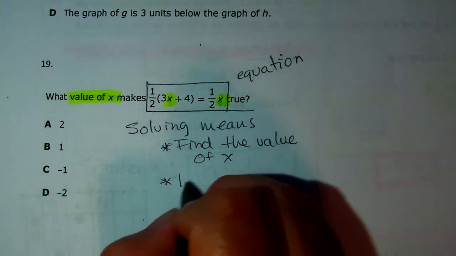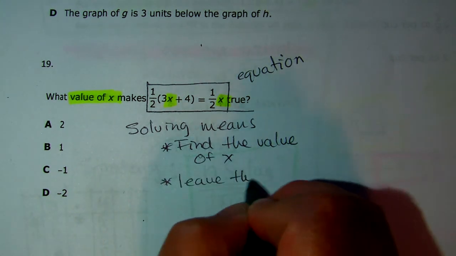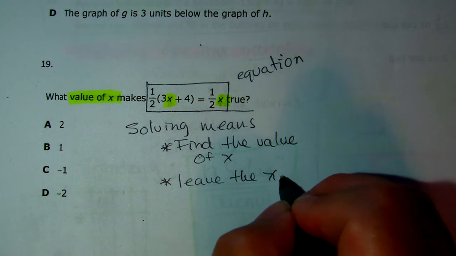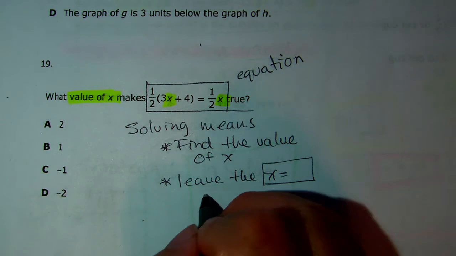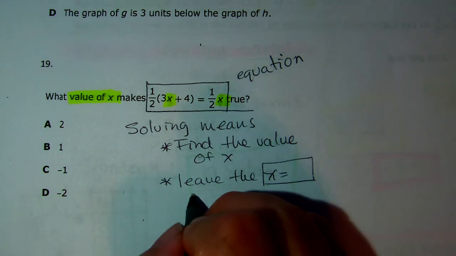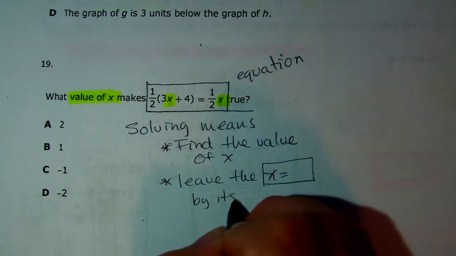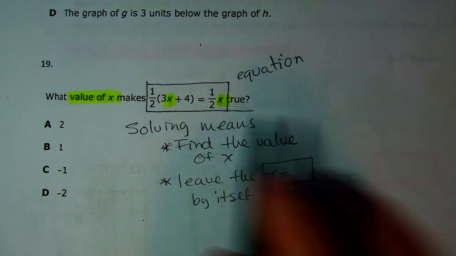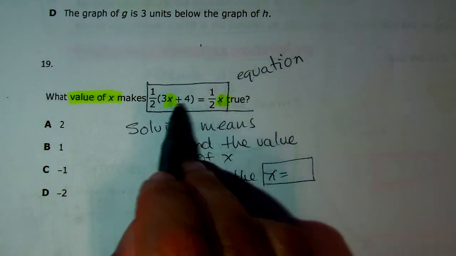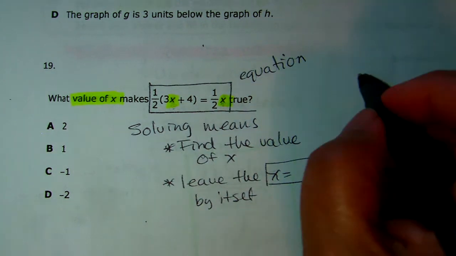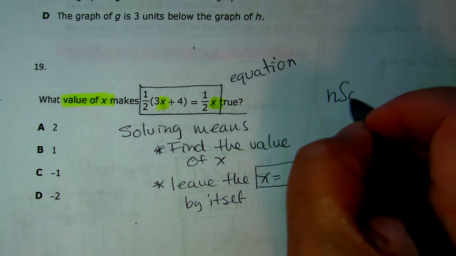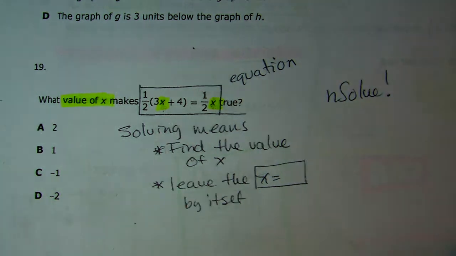It means leave the x by itself, solita, by itself, lonely. Of course, if we're solving for one letter, if you have only one letter to solve for and you have an equation, we're going to use the and solve. Write it down. That is your strategy.